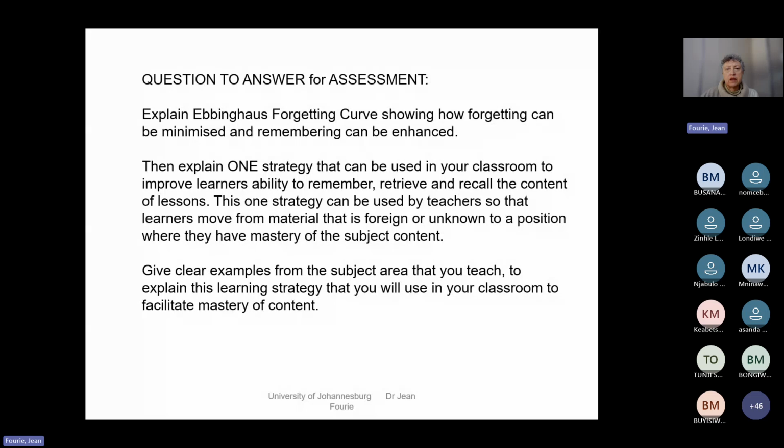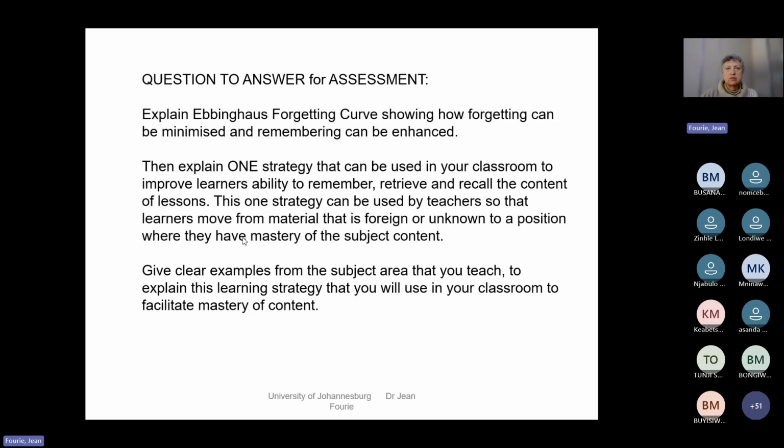You will explain how that strategy works, how it can improve learners' ability to remember information, to retrieve and recall the content of lessons. And you will show how this one strategy can be used by teachers so that learners move from material that is foreign or unknown to a position where they have mastery over the subject content.